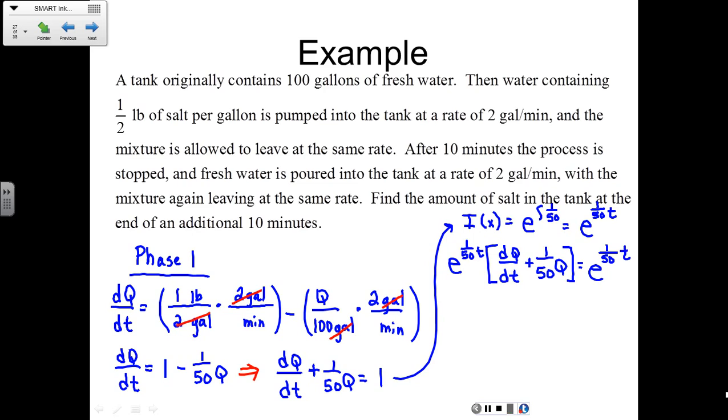Of course, 1 times 1 over 50, we're just e to the 1/50th t, I can't even talk anymore. 1 times that is just going to be that. So that's e to the 1/50th t times Q prime equal to e to the 1/50th t.